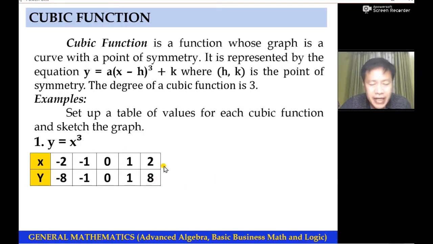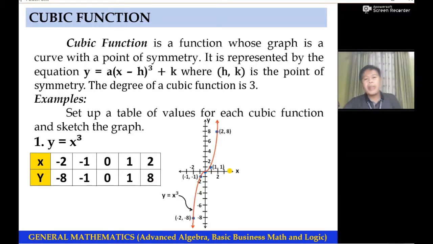Look at this. You need the positive x, you need also the negative x-axis, you need the negative y-axis, and you need also the positive y-axis. Therefore, this is our graph. We are going to plot the points, starting with the point of symmetry, the origin.